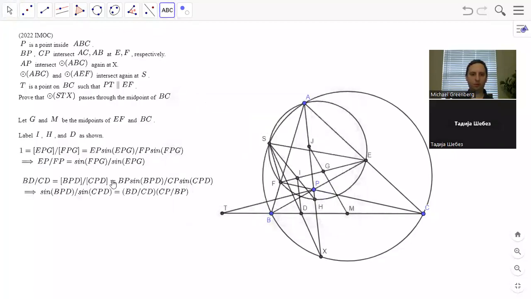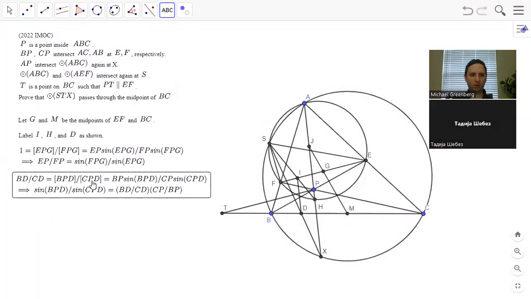Okay. So, and then this bottom piece, CP over BP, I think you had an idea for that, right? BD over CD we can calculate because that's sine BSD. Actually, let me think about this.